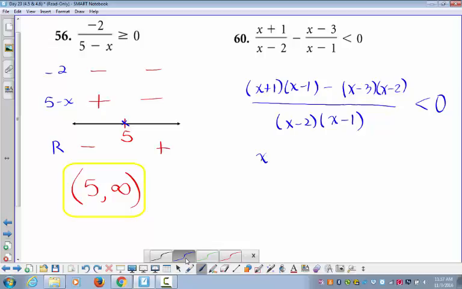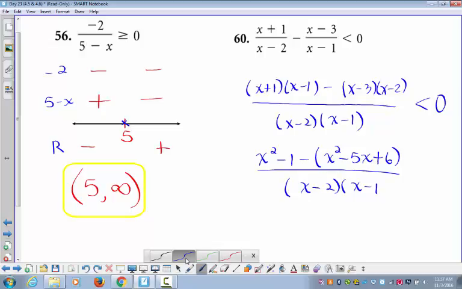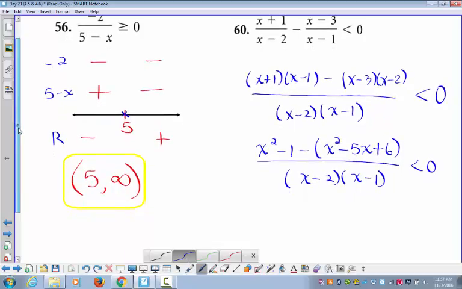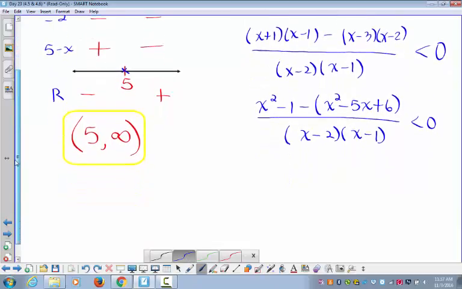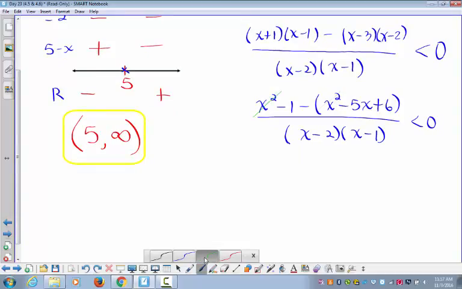So here in the numerator, we'll have x squared minus 1 minus the quantity x squared minus 5x plus 6. Leave the denominator factored. We need everything factored. Okay, so the numerator is going to simplify to, let's see, what?